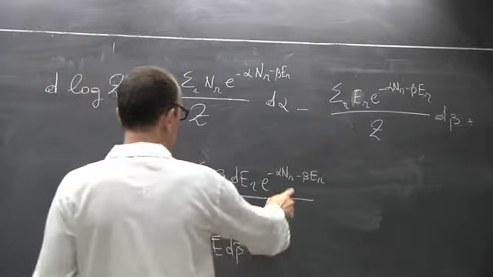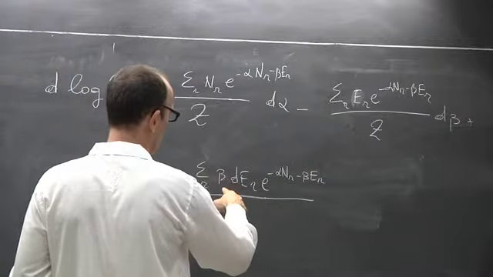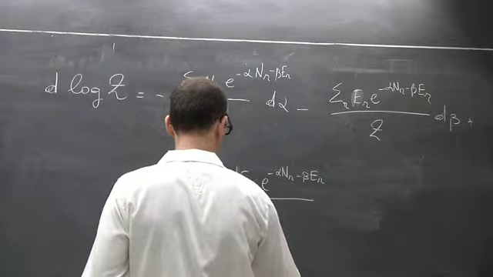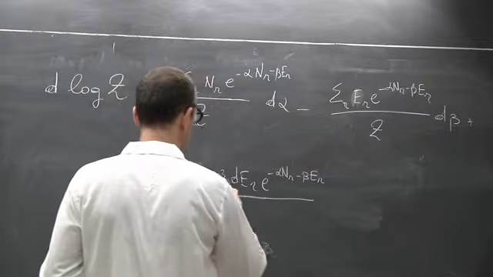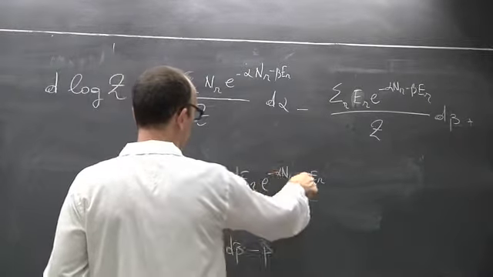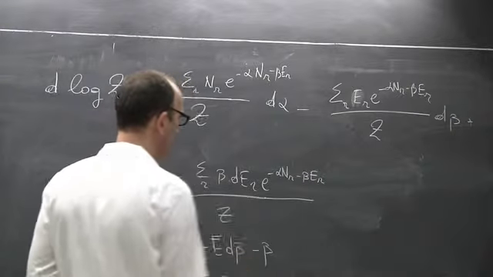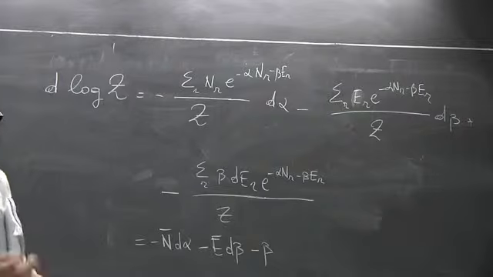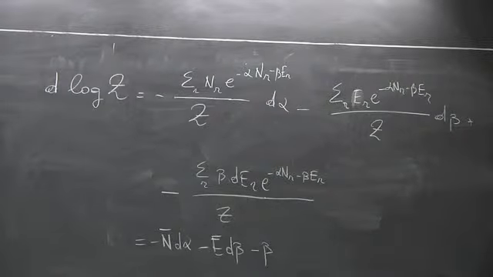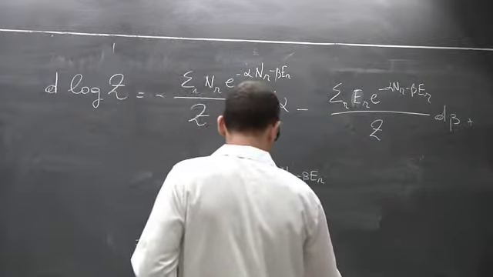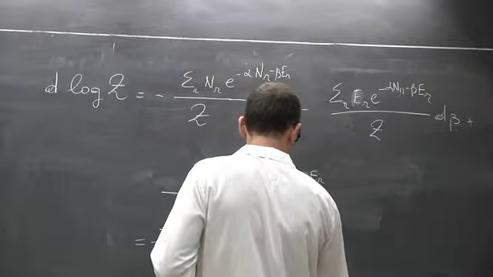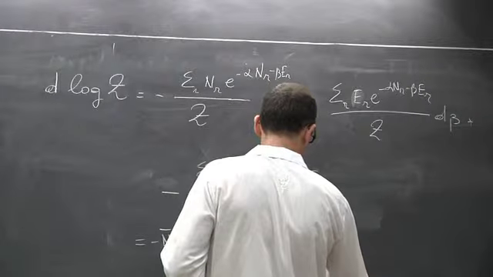Now for this last object, there is a beta, and the sum over r of this object divided by Z is exactly the probability of the state r. So this is the sum over r of the probability of state r times dE_r.